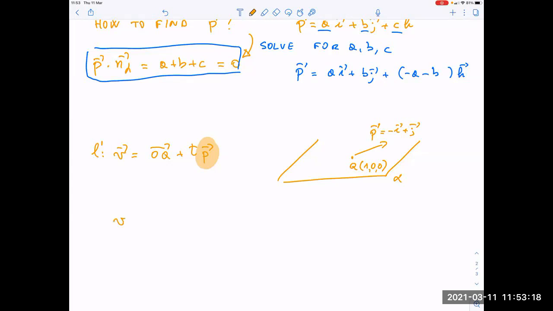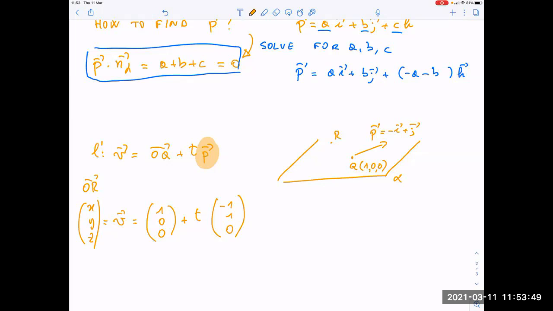Okay, so this is going to be v equal to what? 1, 0, 0 plus t times minus 1, 1, 0. And as I told you, very often people will call this x, y, z because this is the vector OR, any point on the line.